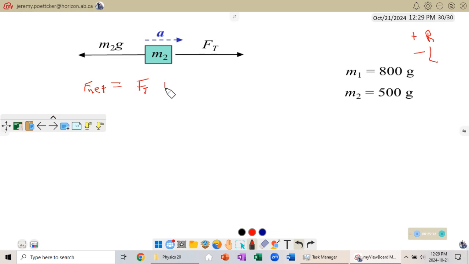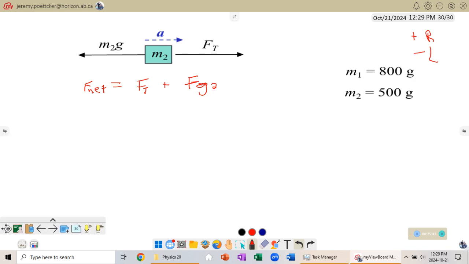So Ft plus Fg2. And Fnet still is equal to mass times acceleration, so Ft.